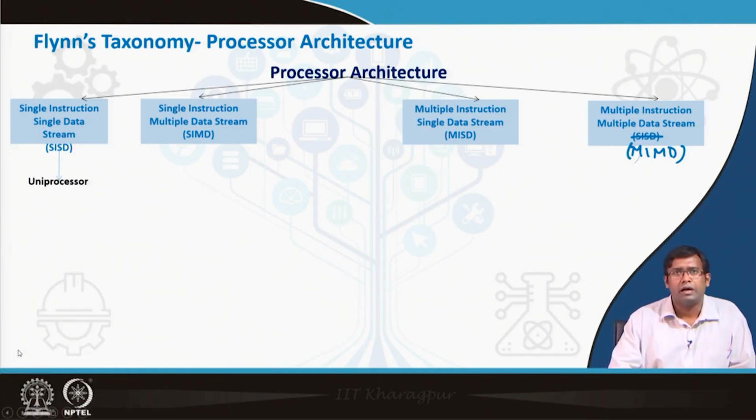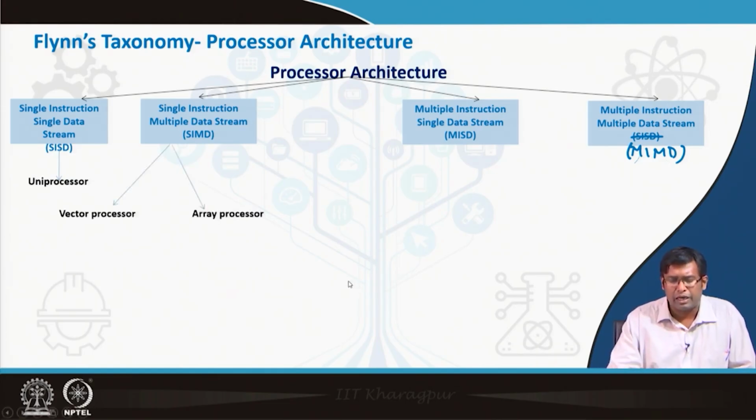Well, the first one is the uniprocessor, a single processor connected with a single memory unit. It cannot do anything in parallel. We are not discussing it any further.